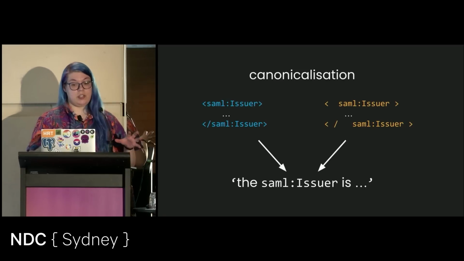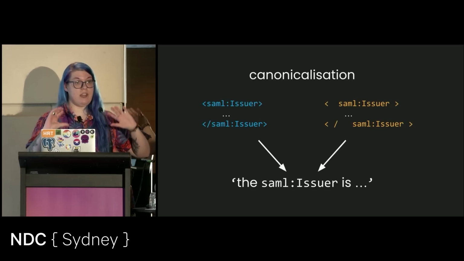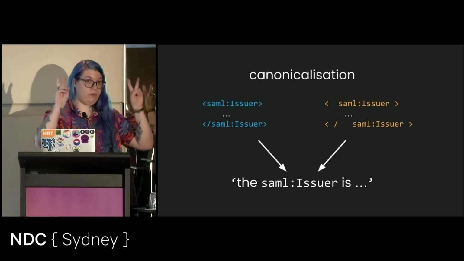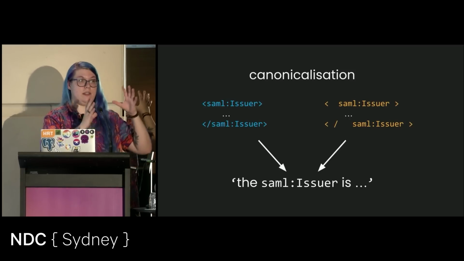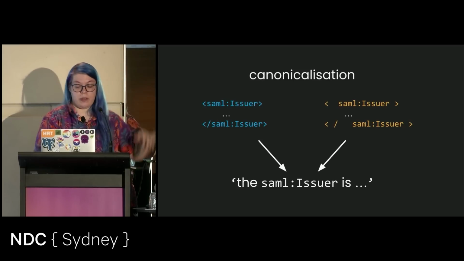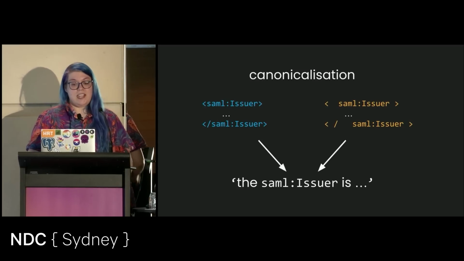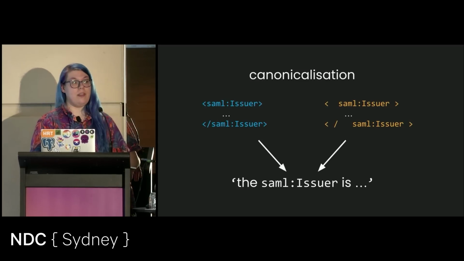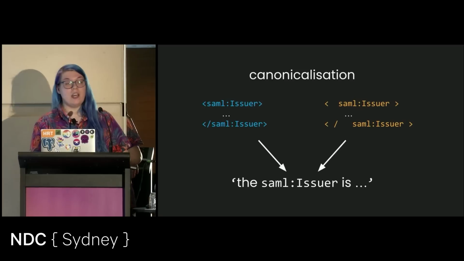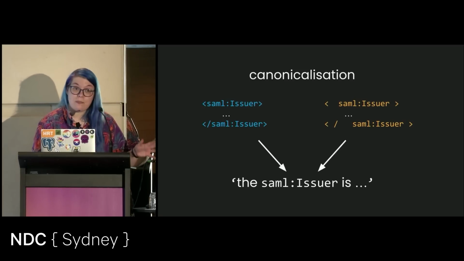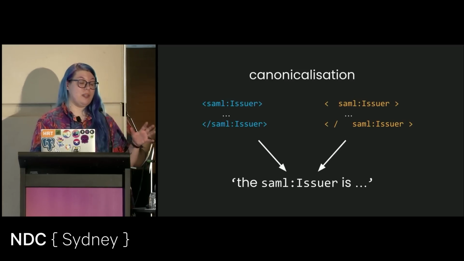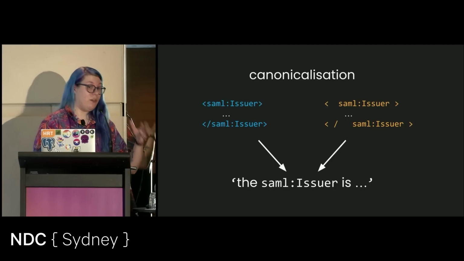And canonicalization often includes the idea that you have extracted the semantic meaning and then recomposed it into a canonical form. Like, the way to say this thing in SAML is this particular blob of XML. Now, there's an issue with this. The issue with this is that in the SAML spec, there is not any one particular preferred canonicalization algorithm. For a given language, there may be more than one implementation of a given algorithm.